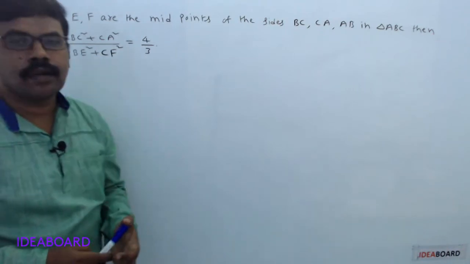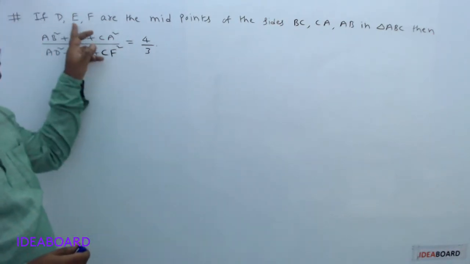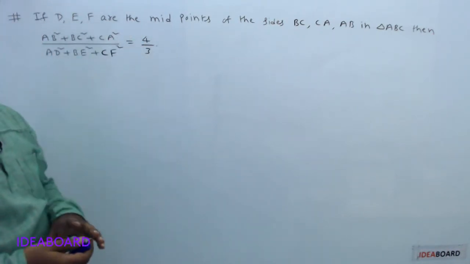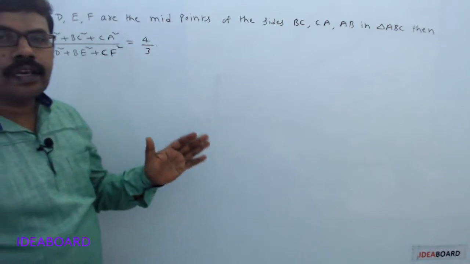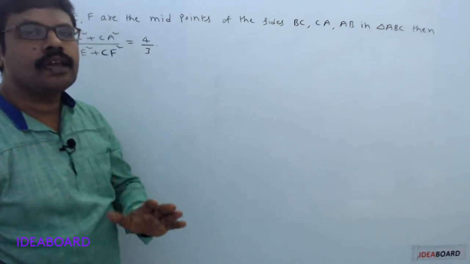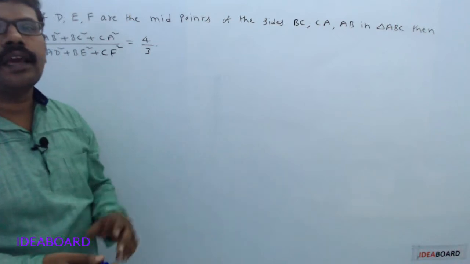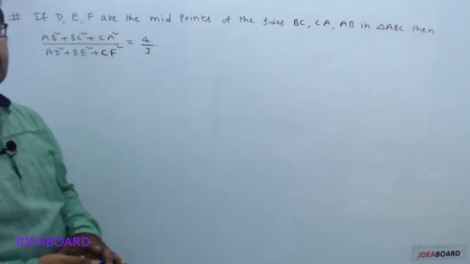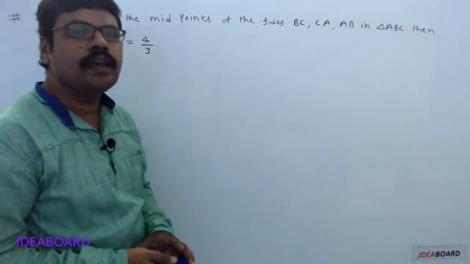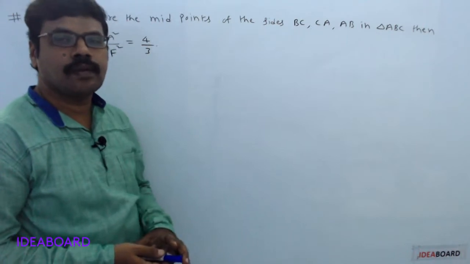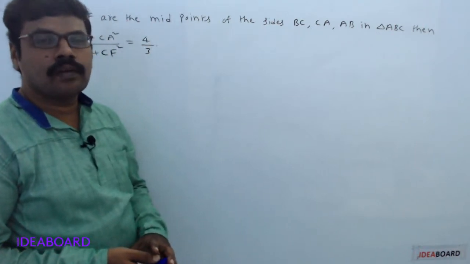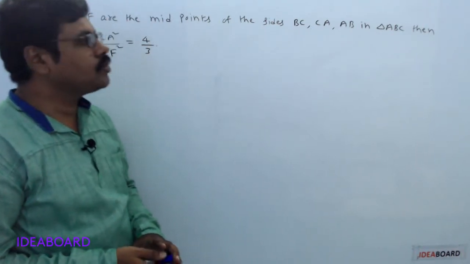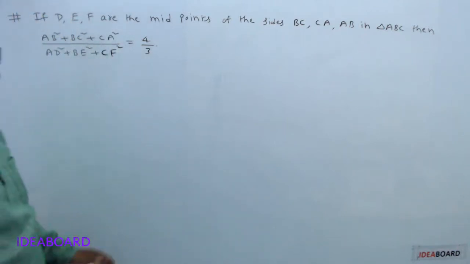So what is the statement? If D, E, F are the midpoints of the sides BC, CA, AB in triangle ABC, then (AB square plus BC square plus CA square) divided by (AD square plus BE square plus CF square) equals 4 divided by 3. Now come to the proof of this formula.